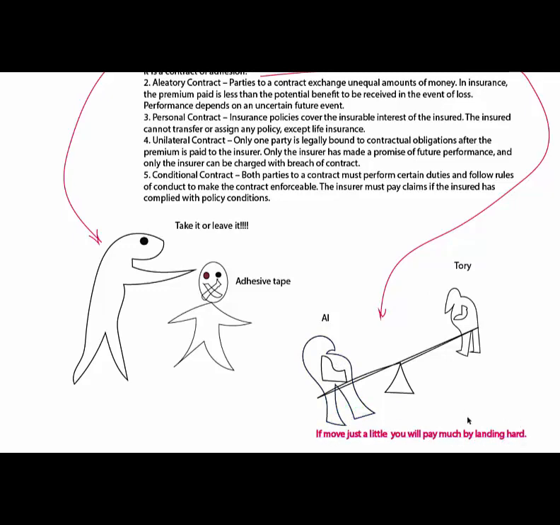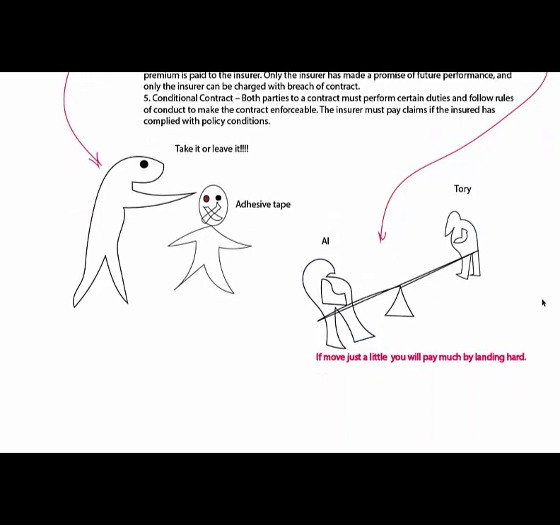All he has to do is move a little bit, and this guy's going to come a long way down. So for a relatively small amount of premium, if there is a cost that needs to be insured, Tory is going to pay hard, a lot in exchange for just a little premium. So that's how I recall that part.